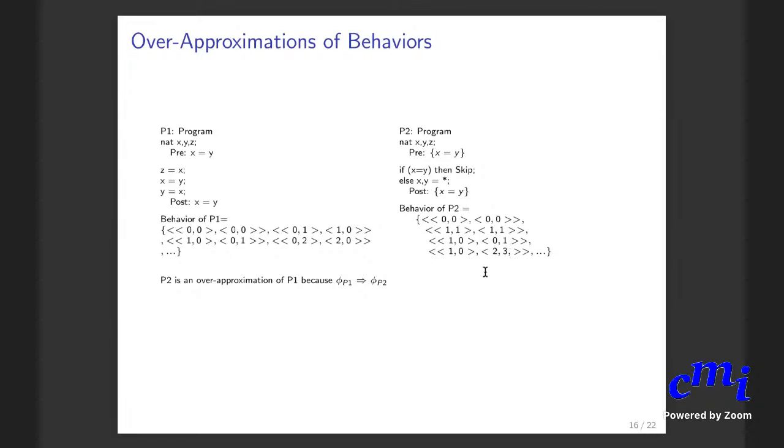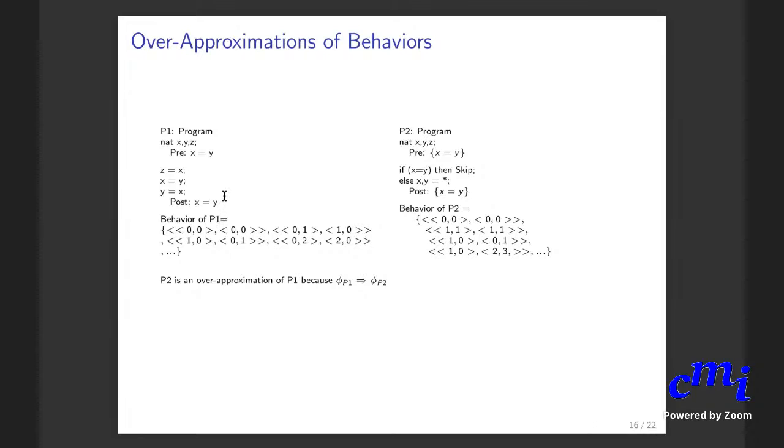But why would you want to do this? See, in this case, if you're interested in proving this property, the specification says that the property we wish to show is that if x is equal to y in the beginning, then after the program is executed, x will be the same.